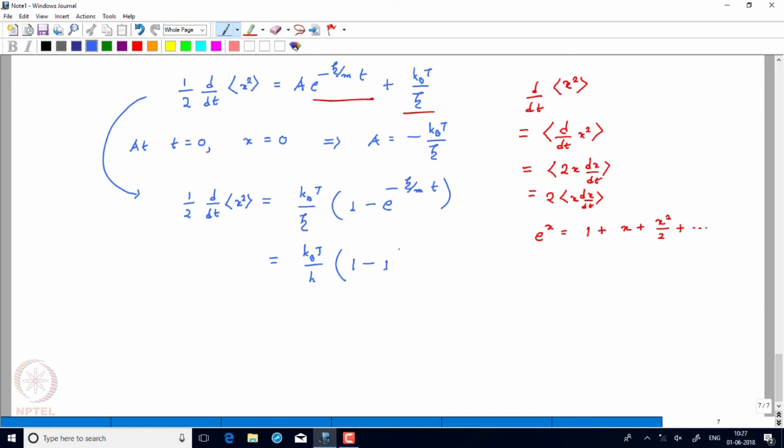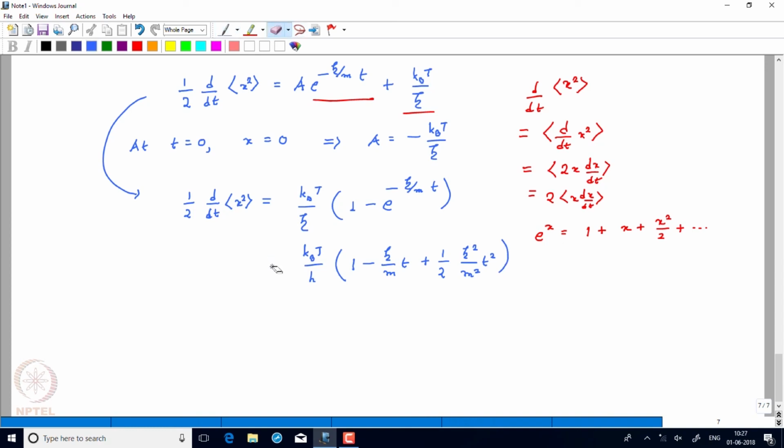You can take the variable x itself to be minus zeta by m into t. So the next term is x, which is minus zeta by m into t, and then I have x squared by 2, so half of minus zeta by m into t whole squared. The minus will be plus, so I have zeta squared by m squared into t squared, and I am truncating it there.